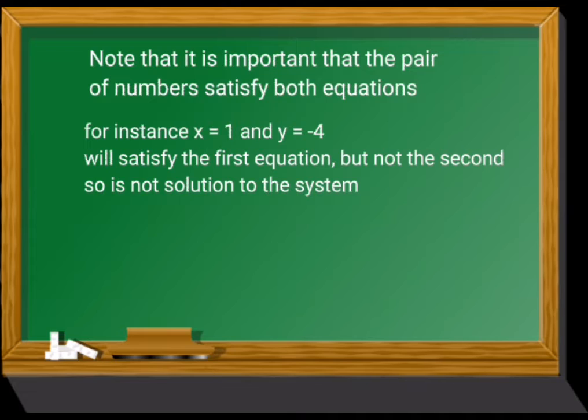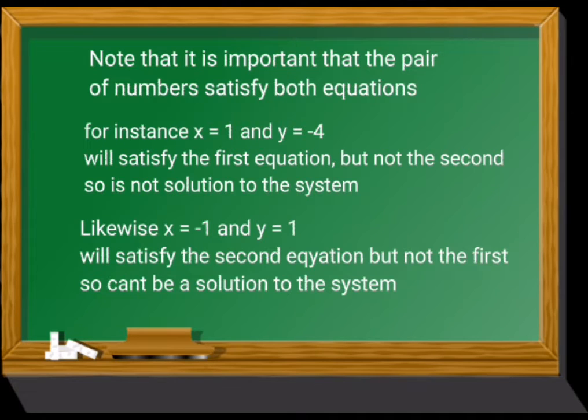So, it's not a solution to the system. Likewise, x equals negative 1 and y equals 1 will satisfy the second equation, but not the first, and so cannot be a solution to the system.